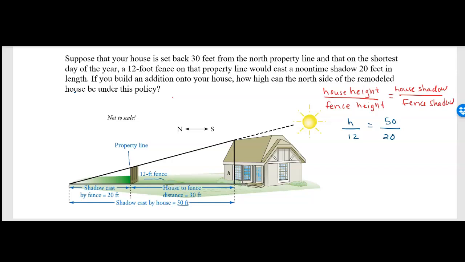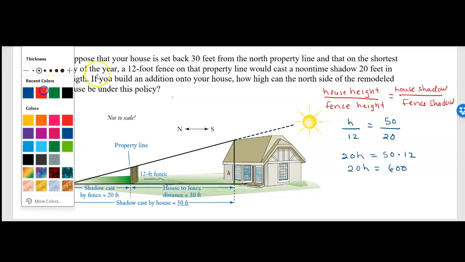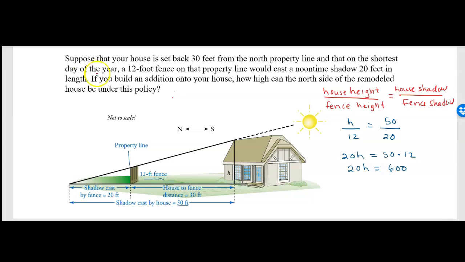Now we cross multiply. 20 times H equals 50 times 12. Multiply 50 times 12 and you get 600. And then just remember, whenever you're solving at the end and you've got something in front of the variable, that is where we divide.